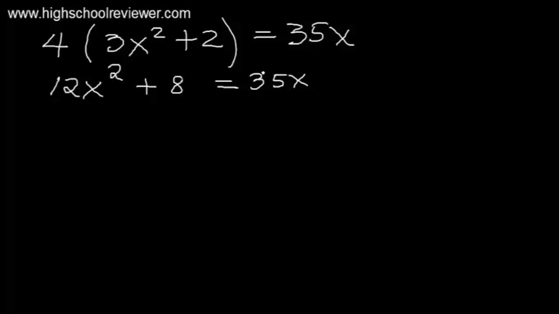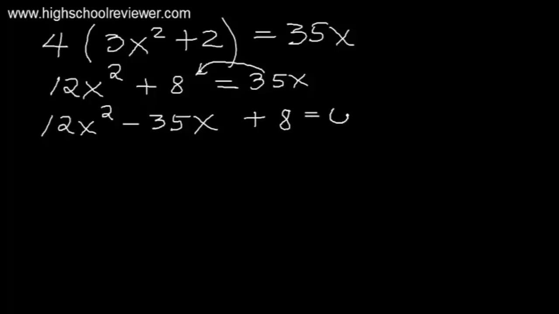Now we need to transpose positive 35x to the left side so that we will have the form of a quadratic equation. So transposing, we will have 12x squared, and if we transpose positive 35x, it will change its sign. This will become negative 35x plus 8 equals 0.